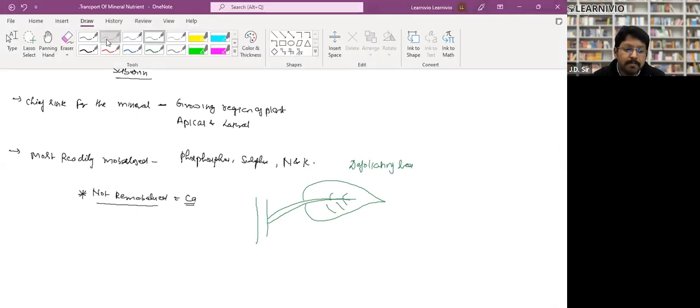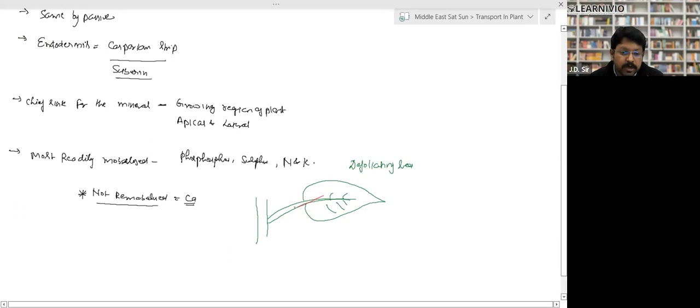Most of the important minerals and nutrients will come back to the plant. This process is called remobilization. That is, important elements come back. That is called remobilization.